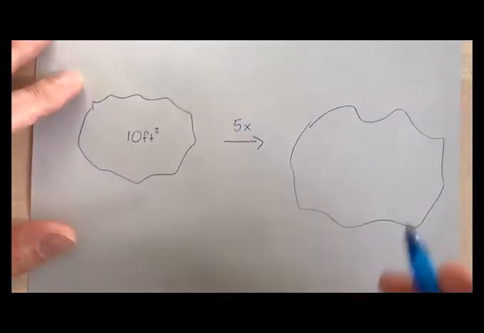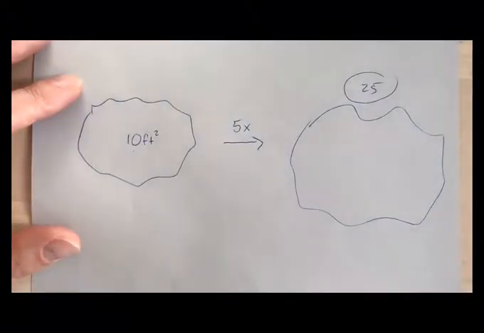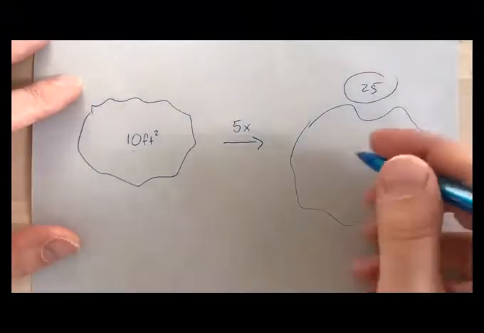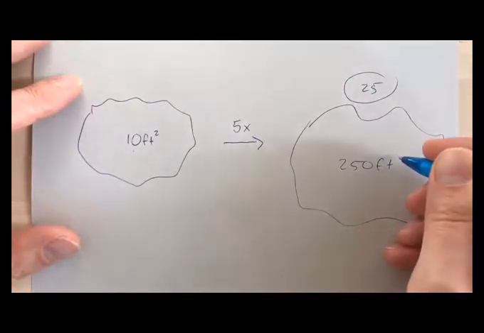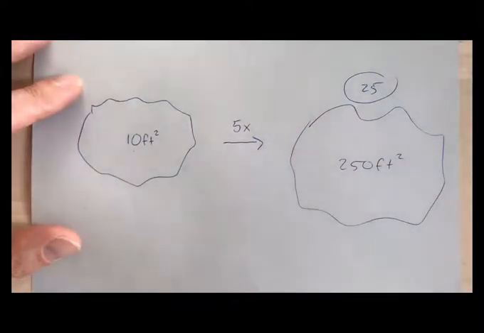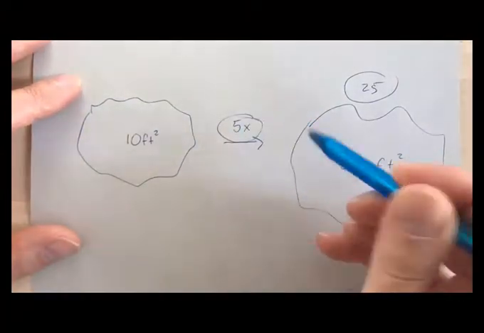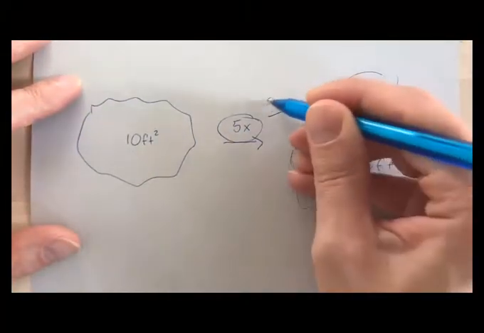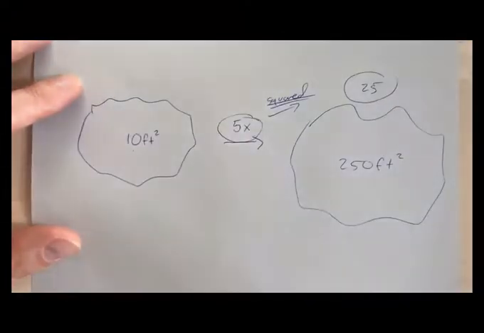And the answer is 25. 10 times 25 is 250, so this area would be 250 feet squared. If you haven't figured it out yet, what's going on is that the growth factor is being squared, and that is the number of how many times bigger the area is getting.